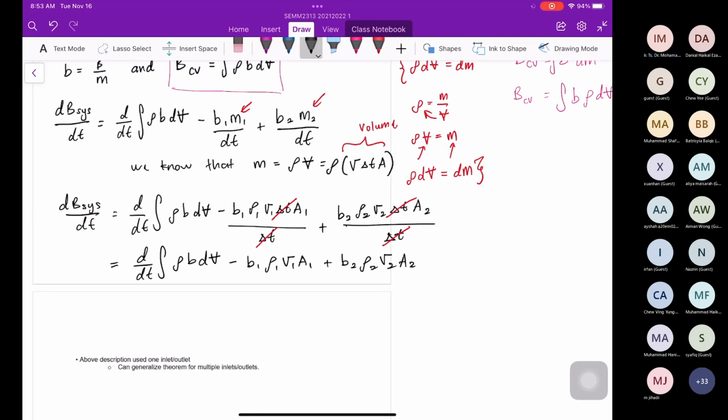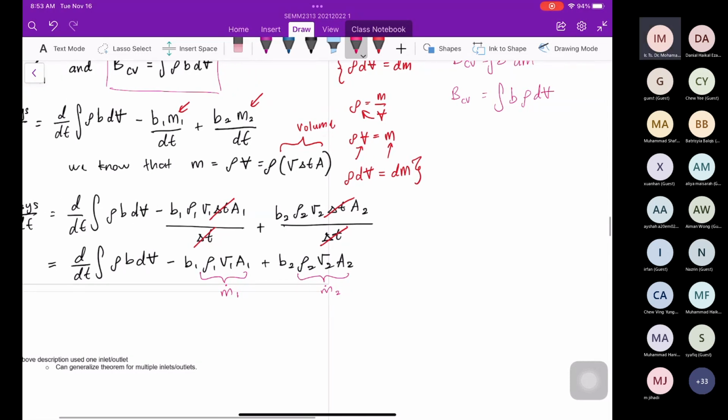This term is the mass flow rate at 1 and this term is the mass flow rate at 2. As I expanded before, this one I expand here, and you will get this one.